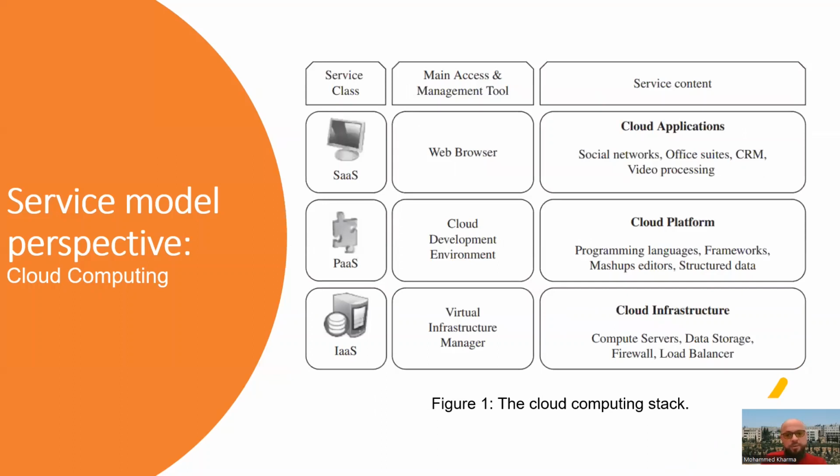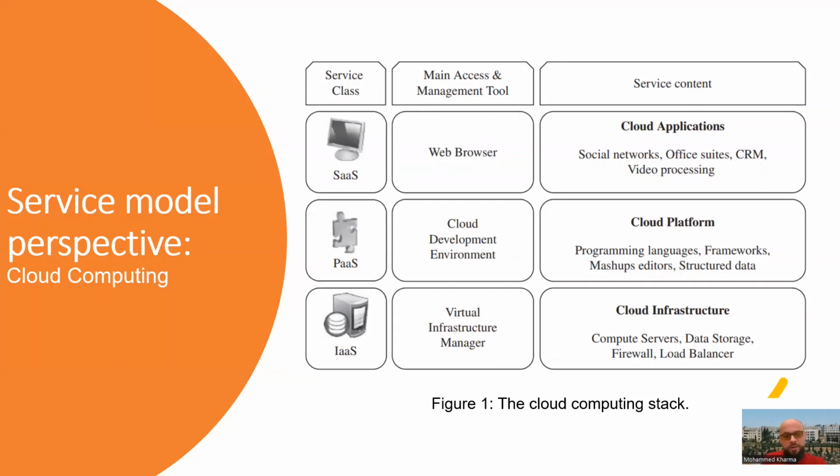Here is a quick example of each service model. For infrastructure, for example, the EC2 instances or services from Amazon Web Services, which provide virtual machines with configurable tools in a similar way to how we regularly manage physical servers.